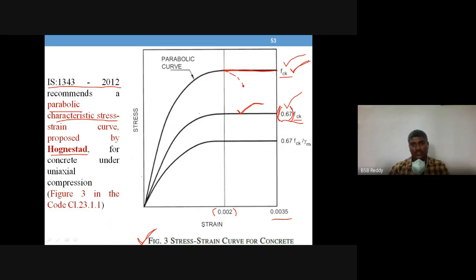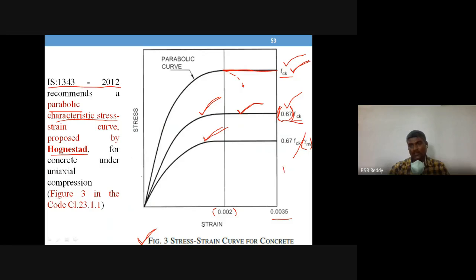So the stress strain curve including the size effect is this one, 0.67 FCK. And now the design stress strain curve is this one, which we will use for design by incorporating the partial safety factor called gamma m, the material factor of safety.